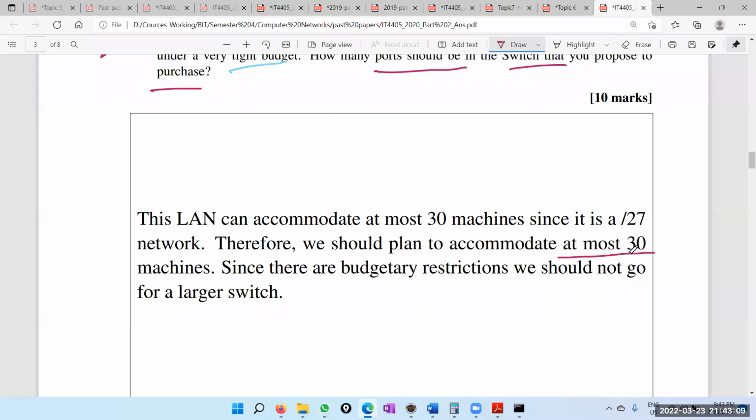Because it's /27, we have this number of bits, so we can go up to 32 IP addresses, but 2 of those IP addresses are reserved. Therefore, there are 30 hosts maximum. So why spend on bigger switches than having 30 ports? Okay, so that is the answer.